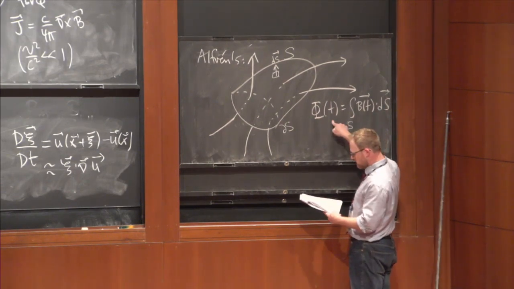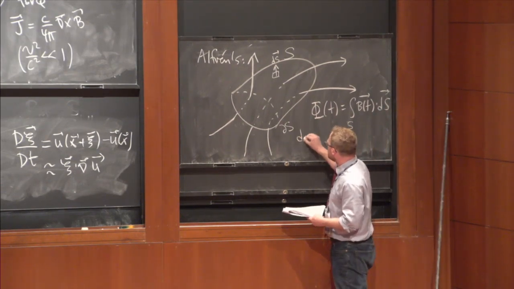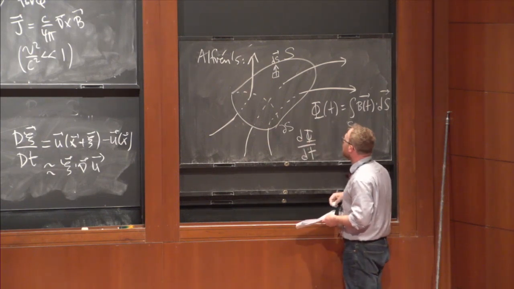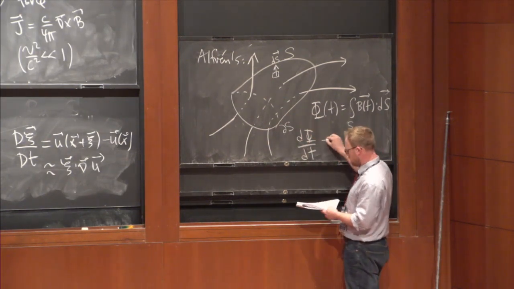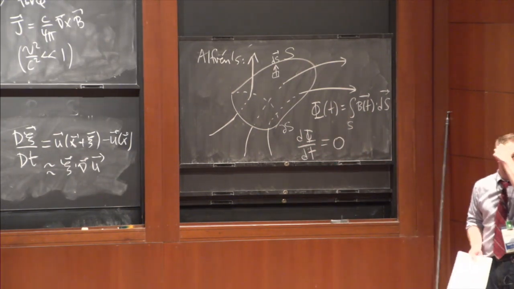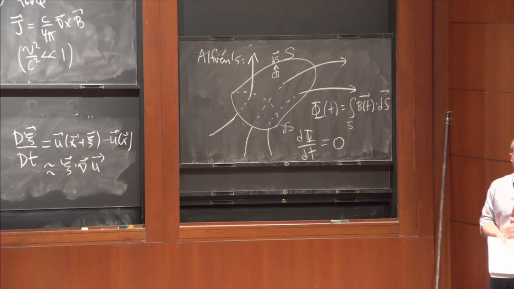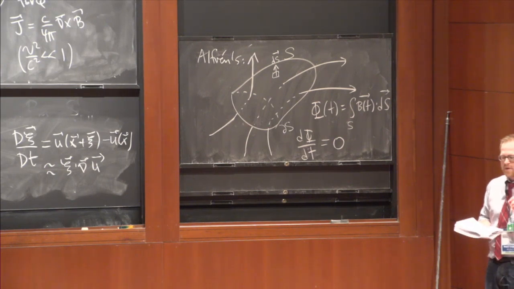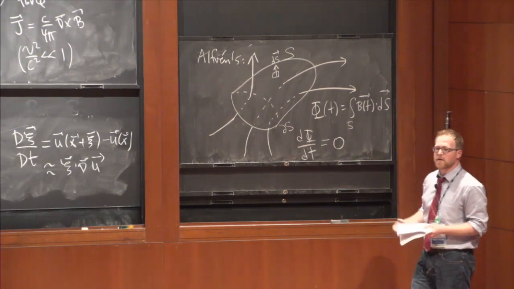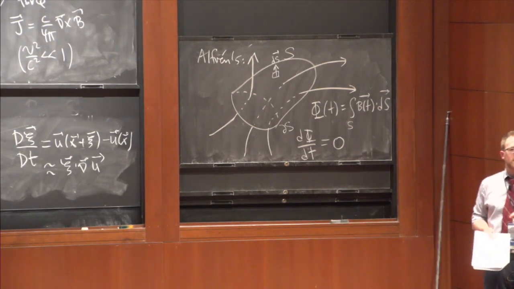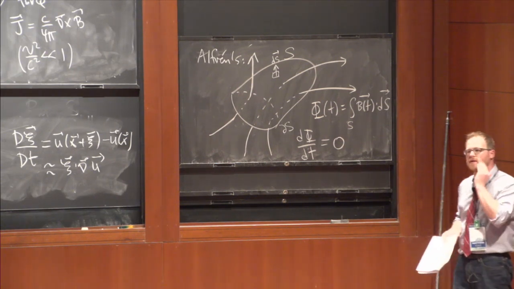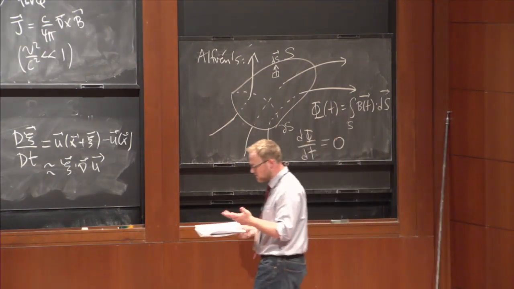So if you measure this flux and you take the time rate of change of this, as this surface evolves, this is going to be 0. And like I said, I'm not going to go through the steps because they're just done in the notes. There's no point in me writing this. But the salient point is that between Lundquist's theorem and Alfvén's theorem, the magnetic field is frozen in the flow. So anywhere the fluid element moves, the magnetic field lines go with it. And so does the magnetic flux.